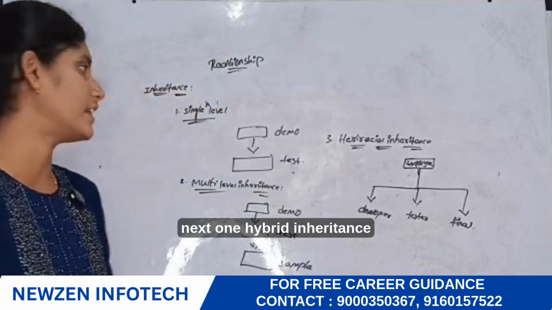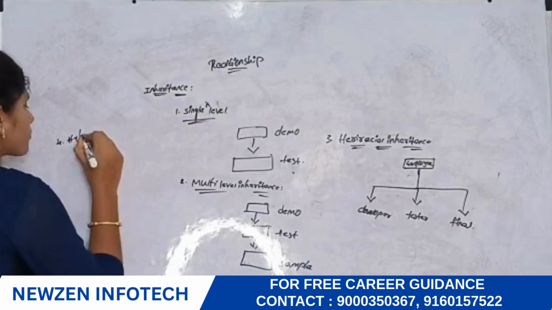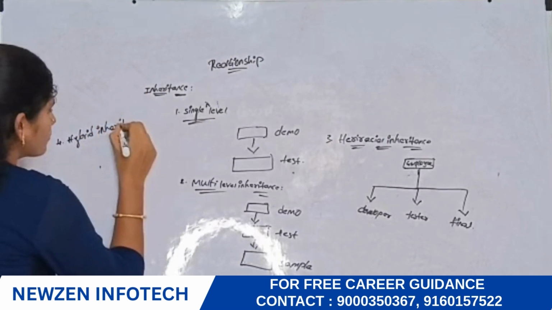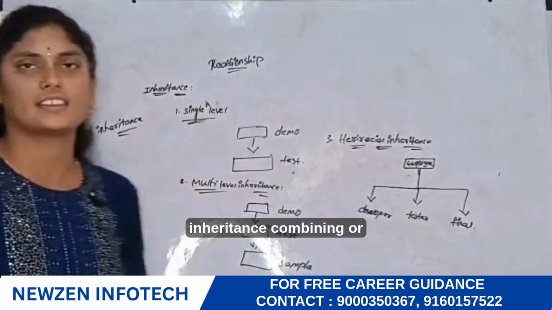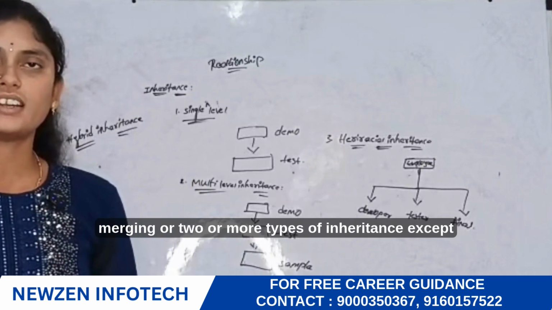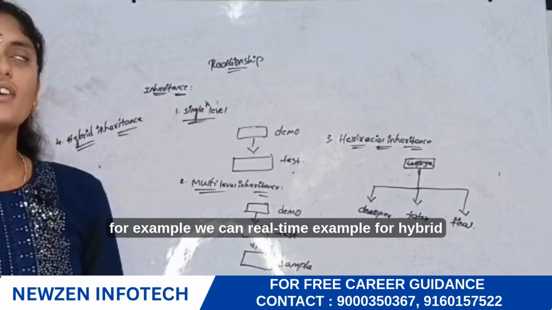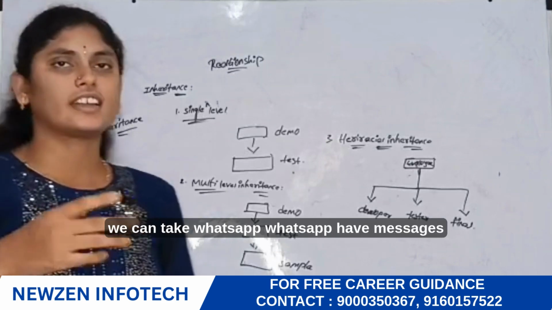Next one, hybrid inheritance. Combining or merging two or more types of inheritance, except multiple inheritance, is known as hybrid inheritance. For example, a real-time example for hybrid inheritance is WhatsApp.